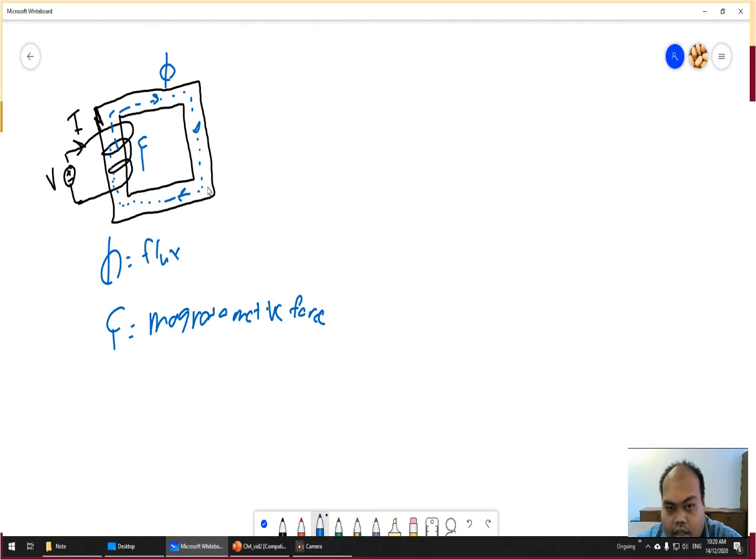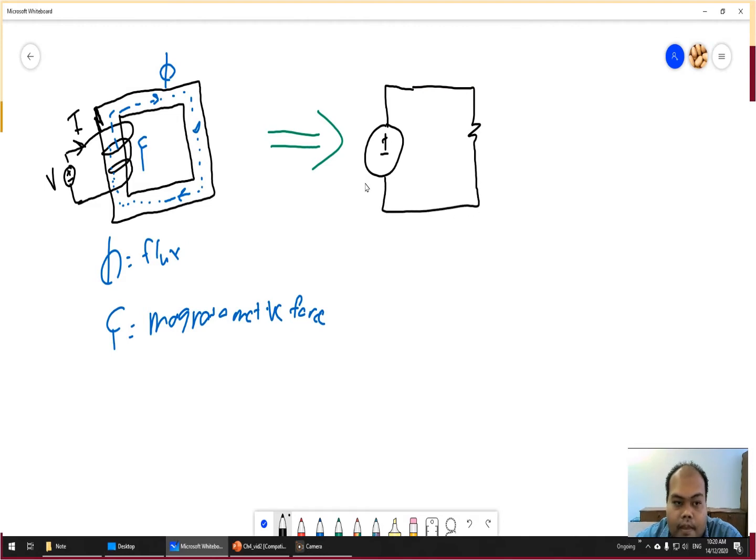When it comes to magnetic circuits, it's harder for you to do this, because in this course we mostly do the electrical part. So basically what we have to do is convert this into something like an electrical circuit. What I mean by that is you change this into plus, minus, something like this.